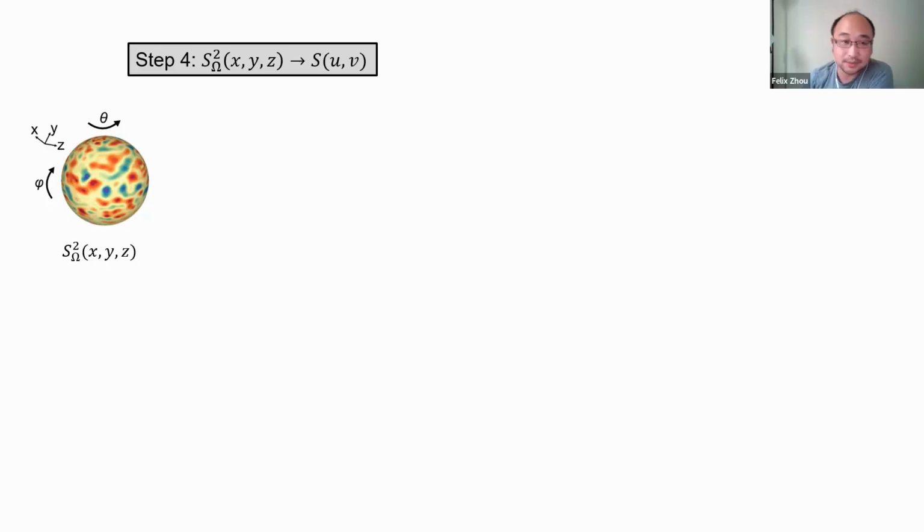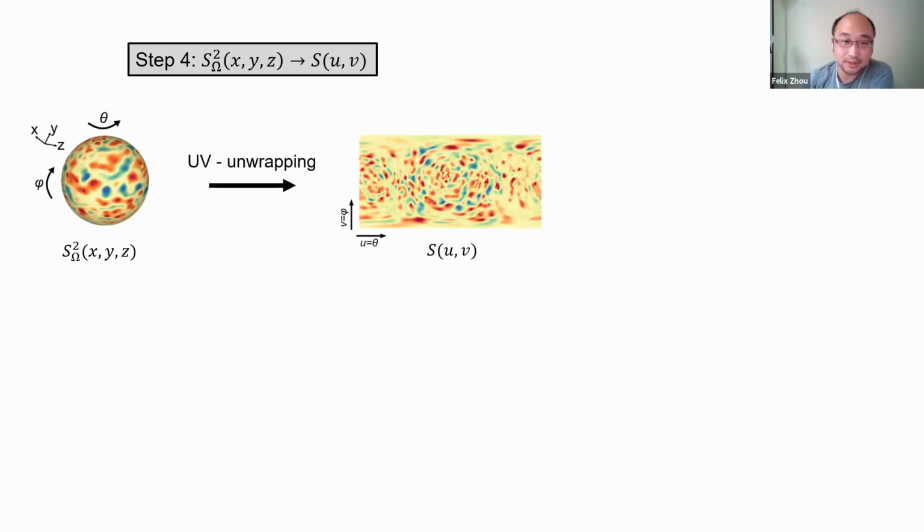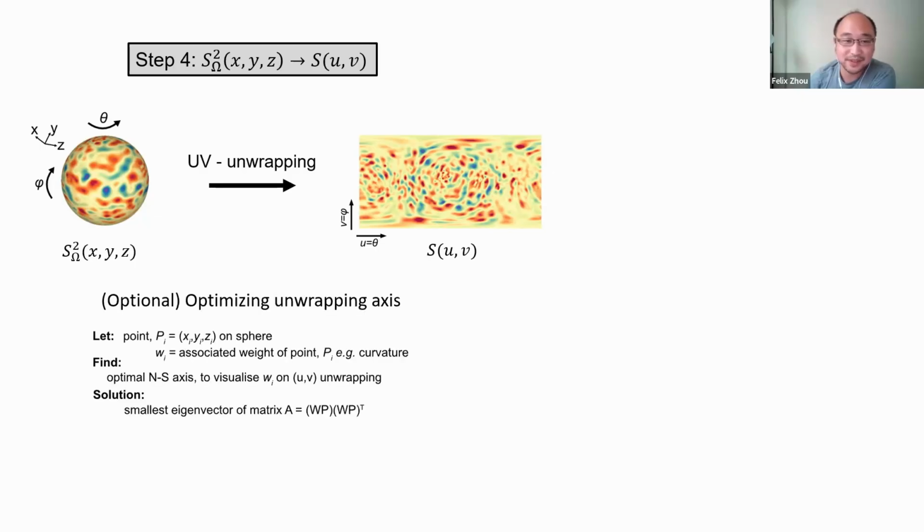After this, to get the 2D mapping, we just perform standard UV unwrapping. You model this as spherical coordinates, and then you can map two axes as the azimuthal angle and, I forget what the other one is called, angle. This is called the UV mapping.